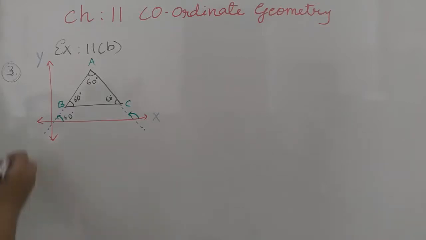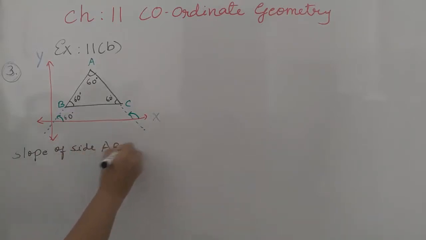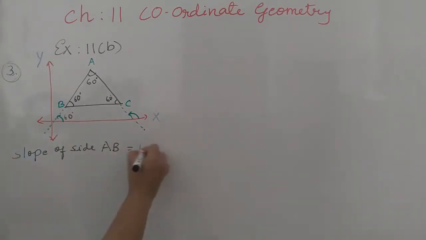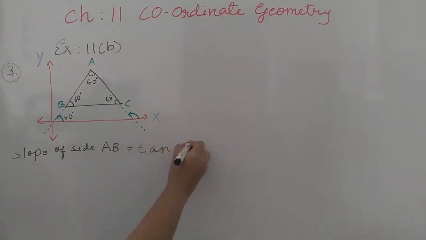So first, the slope of side AB. First I write slope of side AB, because AB extended and it makes 60 degree angle with x-axis. So tan 60 degree, what is the value? Root 3. So first slope we found is root 3.